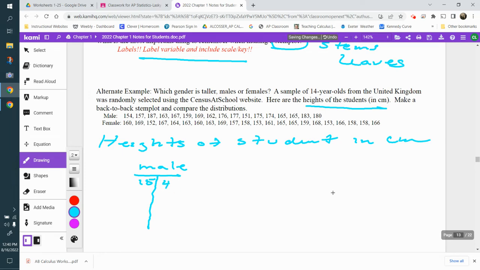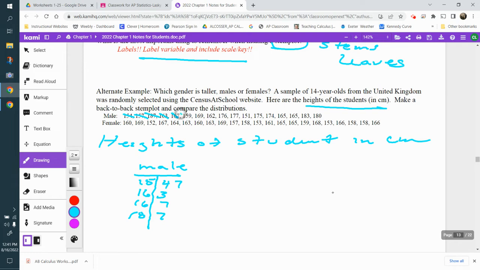And so 154 is done. And then I go 157 for the next one. And then 187, so I go 18 and 7. And then this one would be 163, and then this one's 167.